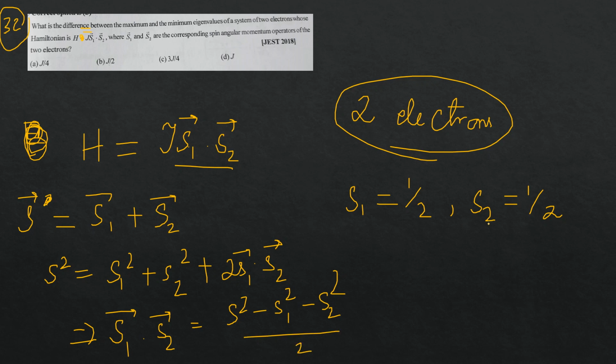Now see, S1 is half, S2 is half. So S values are 0 and 1. First let's put the value as 0.